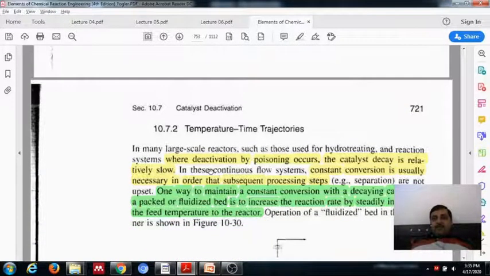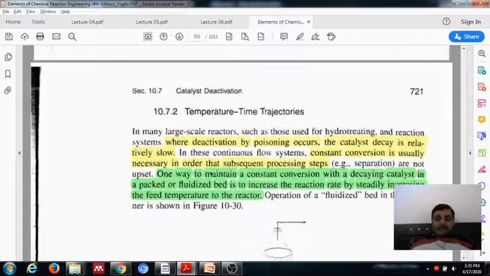So we have multiple types of reactors that are employed in the petrochemical industry. At times the rate of deactivation which occurs by poisoning is pretty slow.